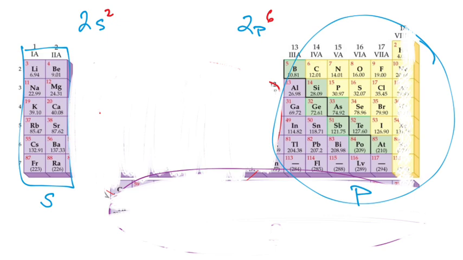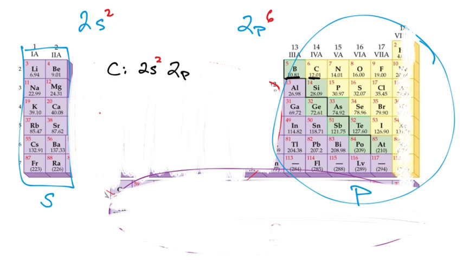So let's go back to our favorite, carbon. How many electrons should we do for carbon? Well, it's over here, so I have to fill these up first. So if I'm going to look at carbon, I'm going to go 2s2, then what? 2p, 1, 2.